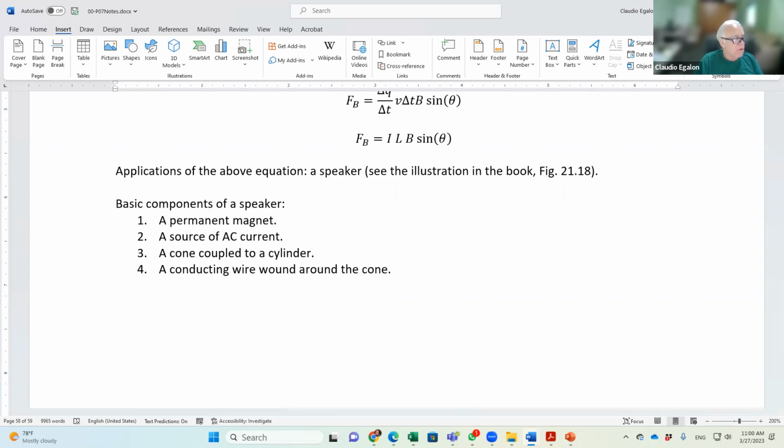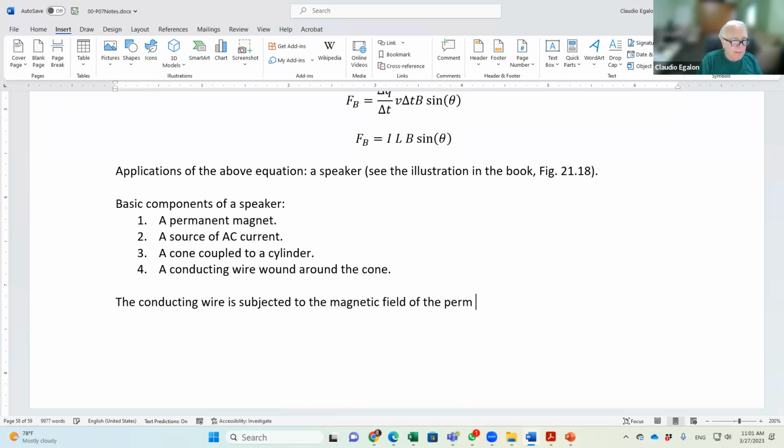The way it goes is like that. The conducting wire is placed next to the permanent magnet, subjected to its magnetic field.